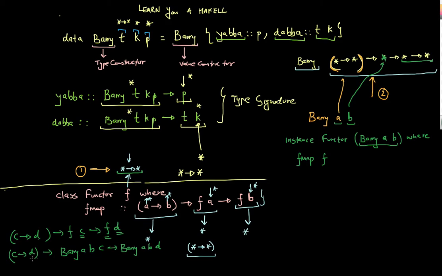Now, because we're in the type signature here, we know that this entire thing must have a concrete type, and this entire piece over here must have a concrete type as well.